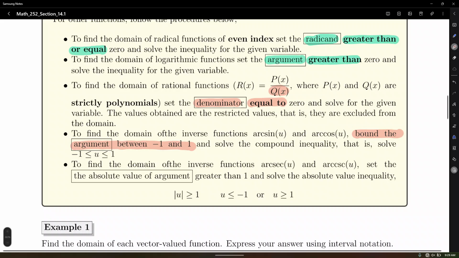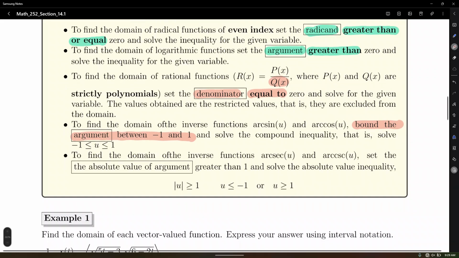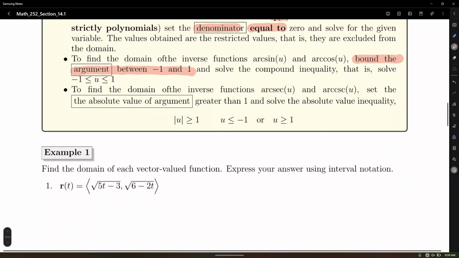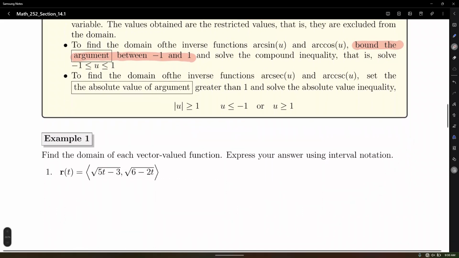And we set it between -1 and 1, because that's the domain of the inverse sine and cosine, which is the range of the corresponding functions they're coming from.